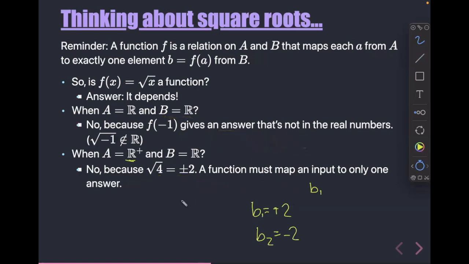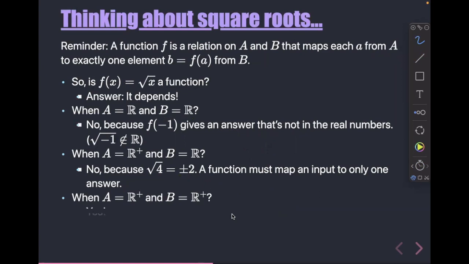So the question is, can I tighten this to make it where I do have a function? And so I can say A is the set of positive real numbers and B is the set of positive real numbers. Now if I'm mapping from my input of 4, the square root of 4, the only possible answer is positive 2.